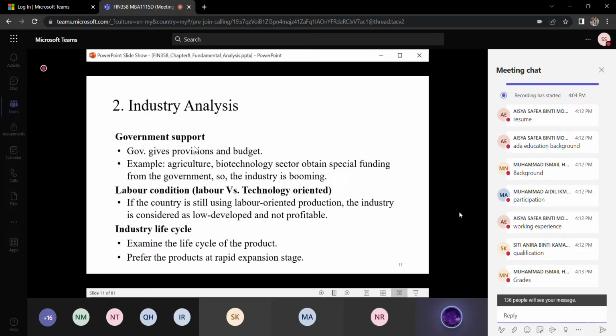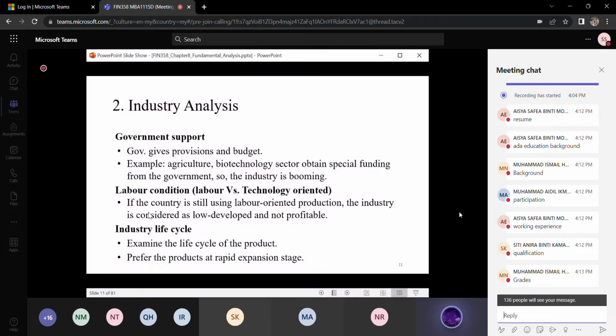So macam mana pun kerajaan akan dia ada peruntukan lah untuk pertanian sebab ini adalah sangat penting kepada negara. Then yang ini akan membantu dalam industri ini. Contoh bioteknologi pun.